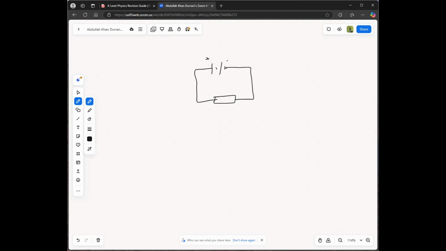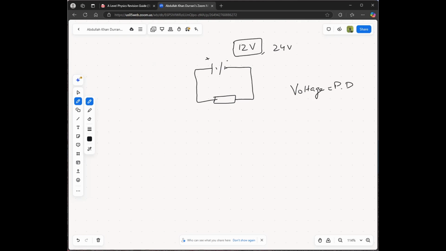Normally batteries are rated, let's say, a 12-volt battery or a 24-volt battery and so on. So what's that? This is potential difference. We call this voltage, and sometimes PD, which is potential difference. I'm going to tell you one thing.